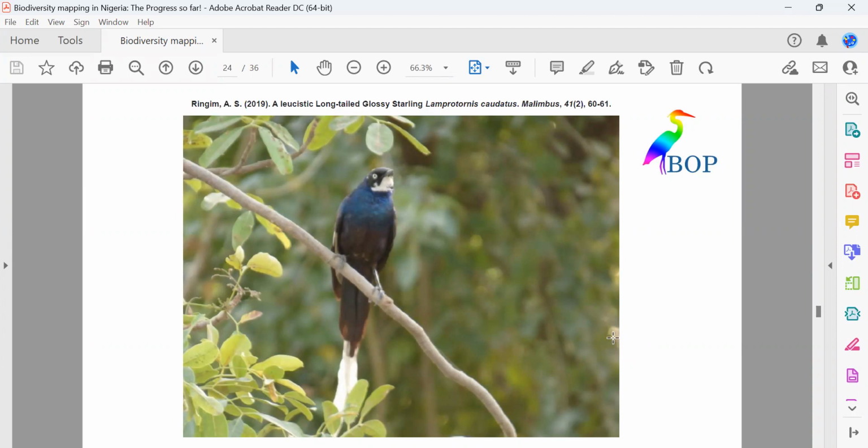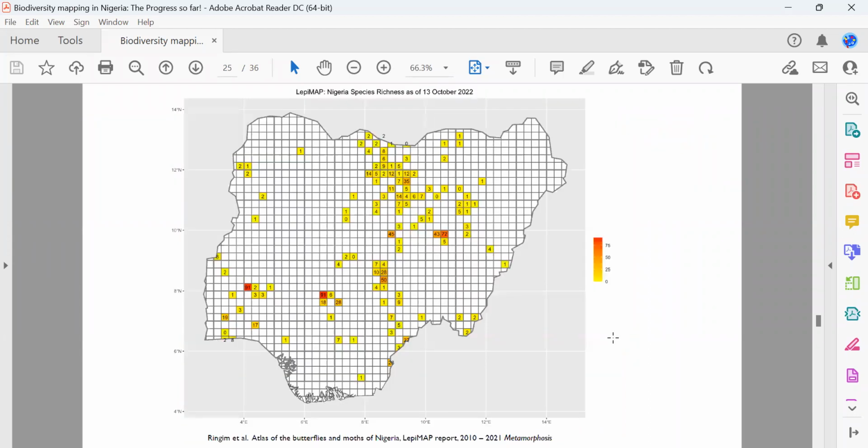And this was published in 2019 as a leucistic long-tailed glossy starling in the journal Malimbus. There were about 7 reports of leucism in starlings, but apart from this record, there was no report of leucism in long-tailed glossy starling, and this is the first record of leucism in long-tailed glossy starling.